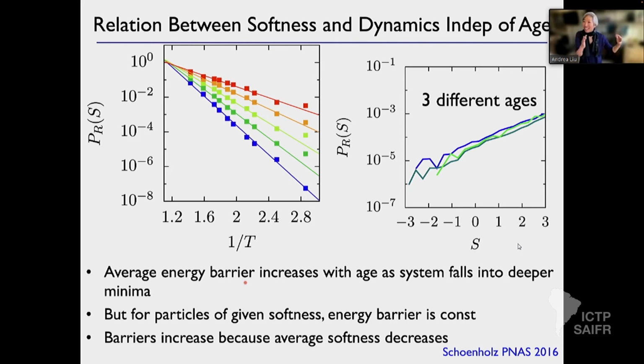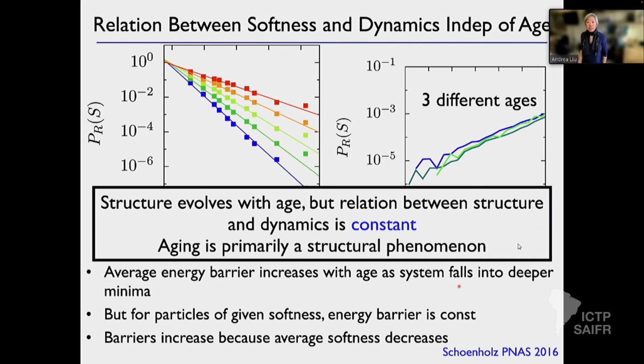So that thing about falling into deeper and deeper minima, as you lower the temperature, comes from the softness distribution shifting downwards, and therefore you see bigger energy barriers. Whether you're lowering the temperature or just following things as a function of age below the glass transition, it's the structural change that's important. So that's the point, that aging is really a structural phenomenon.